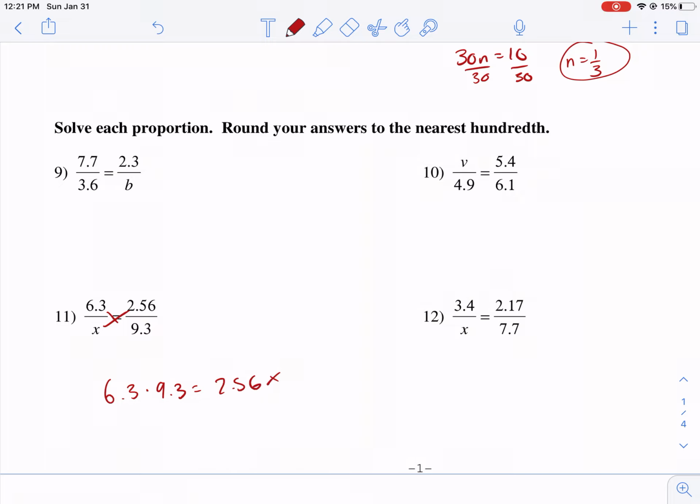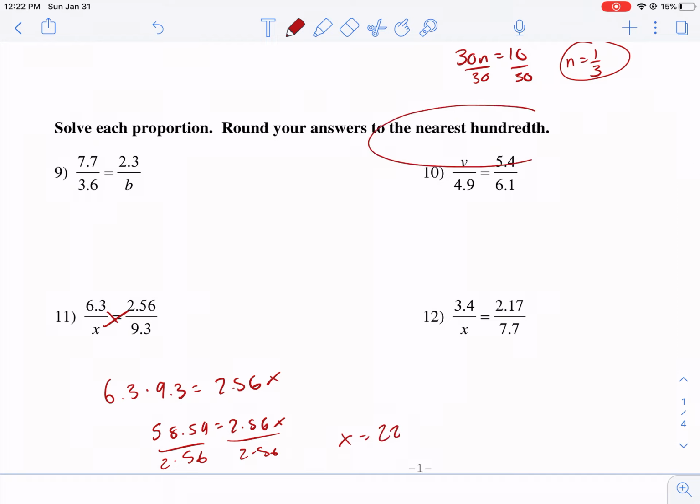So 6.3 times 9.3 yields 58.59 equals 2.56x. So now we have to divide both sides by 2.56 to isolate the x. 58.59 divided by 2.56, and we get x equals 22.